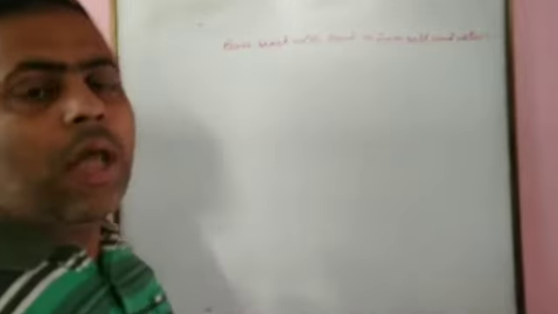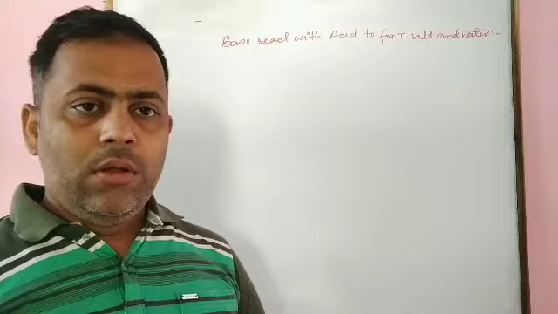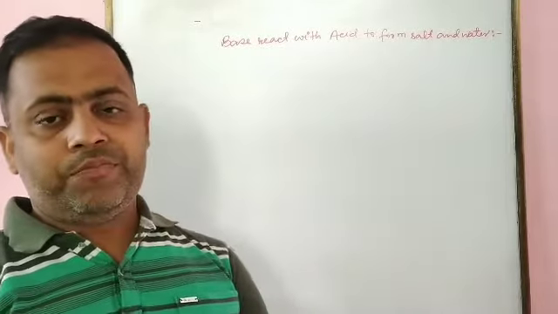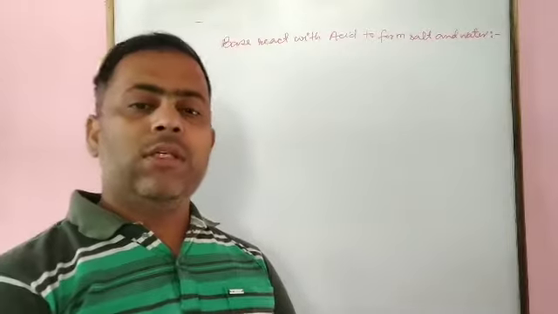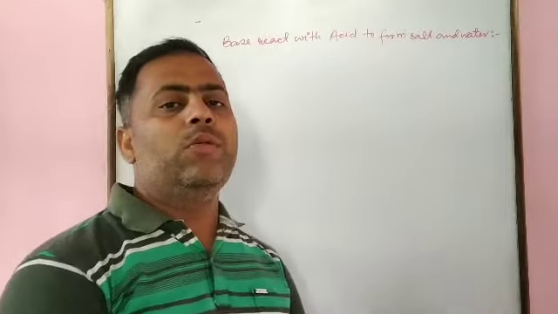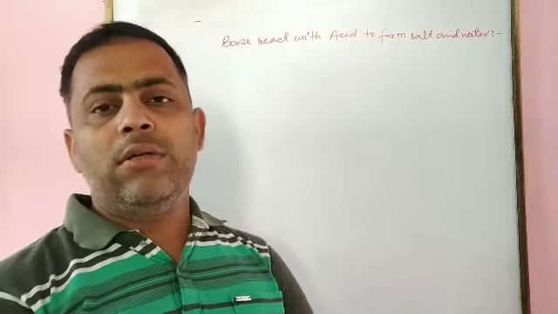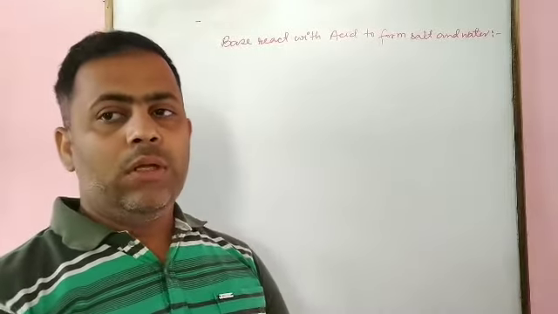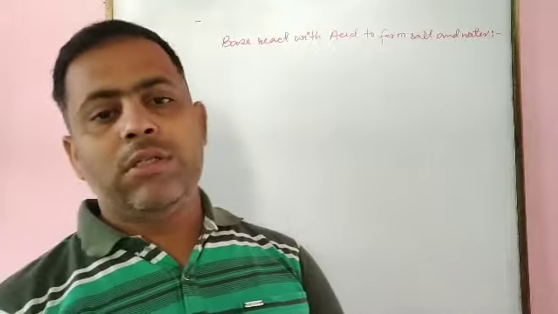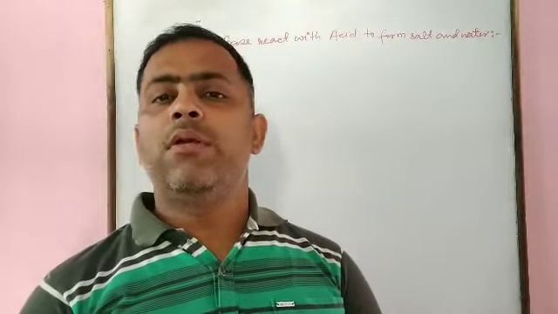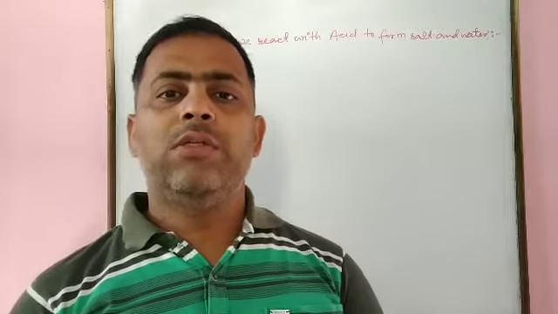This is also a type of neutralization reaction which we have discussed in the properties of the acid. There we discussed the acid reacts with base to form salt and water. It is an exothermic reaction, neutralization reaction. Here we will also discuss the same reaction, that is neutralization reaction, because that is the property of acid as well as bases too.